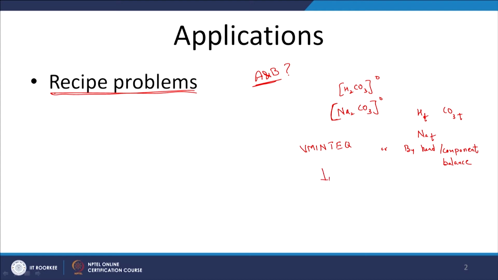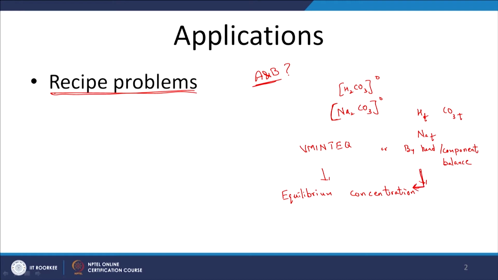And then what did we solve for? Primarily we are trying to find out what will be the equilibrium concentrations, right? So this is what we discussed in general.